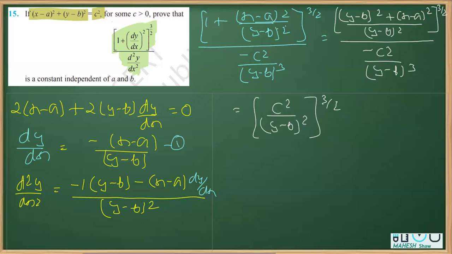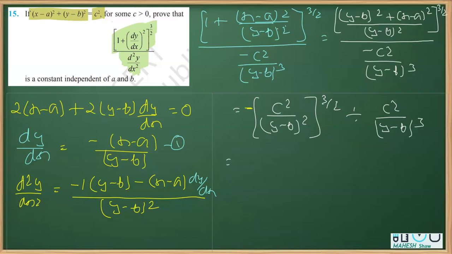I thought I missed one minus sign here when we took minus common, but we didn't miss that minus sign. I can see we carried it and it's over here. Okay, so if I write this, that's divided by minus c square over (y minus b) whole cube.